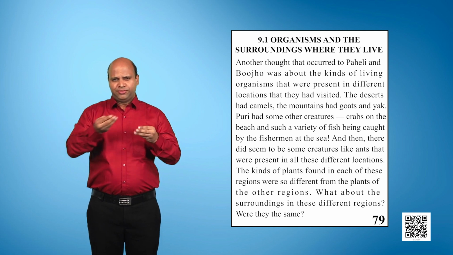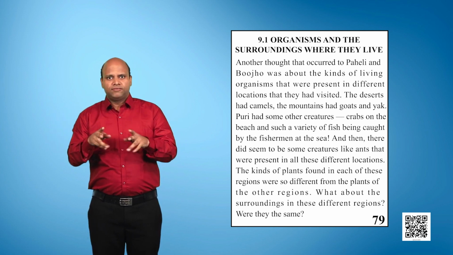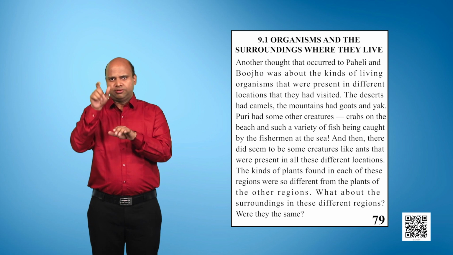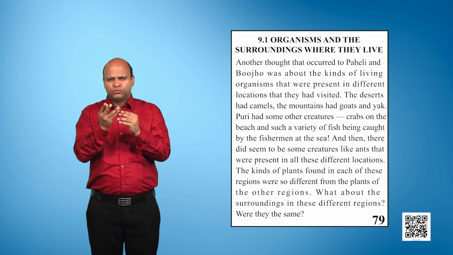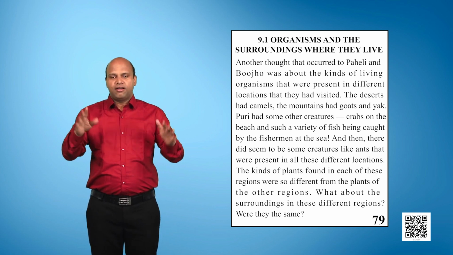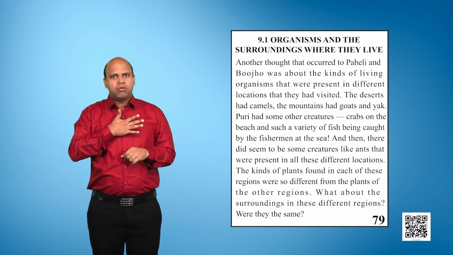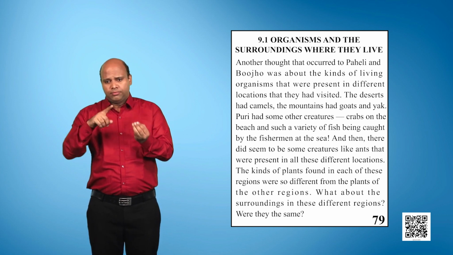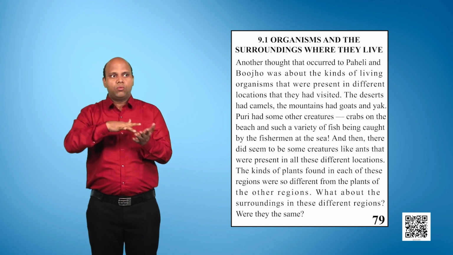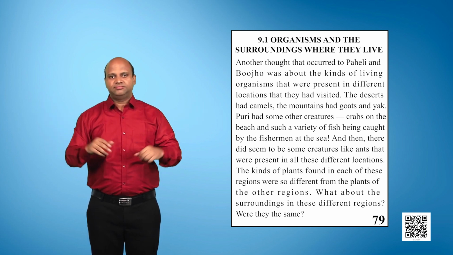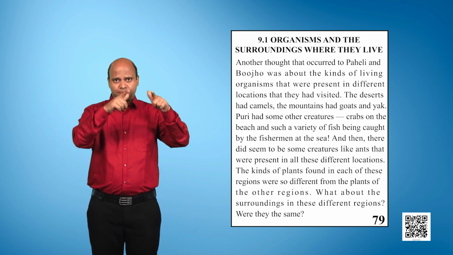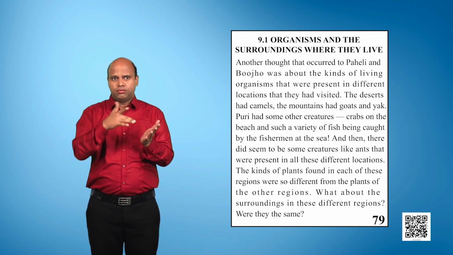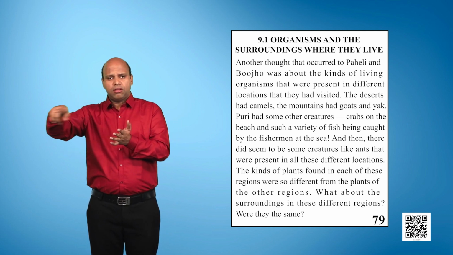Puri had some other creatures, crabs on the beach and such a variety of fish being caught by the fishermen at the sea. And then there did seem to be some creatures like ants that were present in all these different locations. The kinds of plants found in each of these regions were so different from the plants of the other regions.